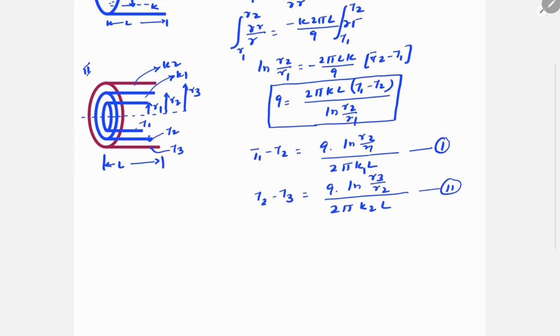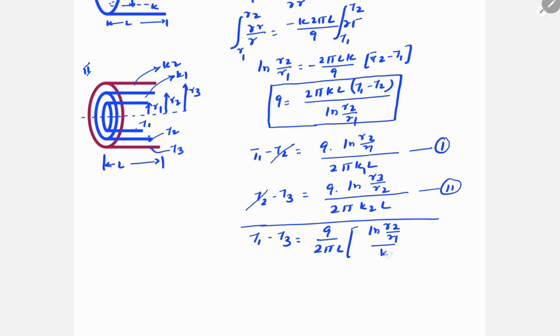If you want the equation for the composite layer, you need to add these two equations. So the T2 will cancel. T1 minus T3 is equal to Q by 2 pi L common, then ln R2 by R1 by K1 plus ln R3 by R2 by K2, and again we are rearranging it.